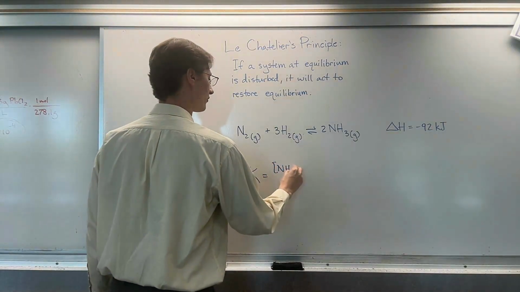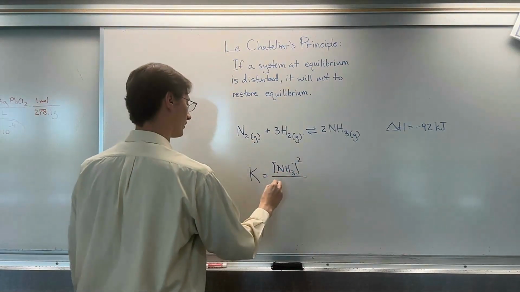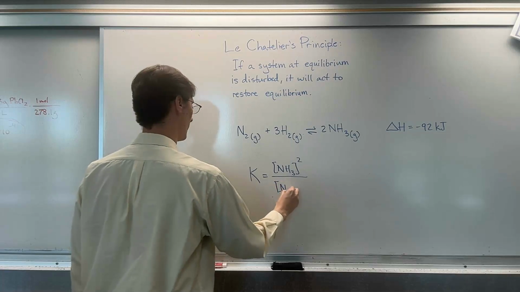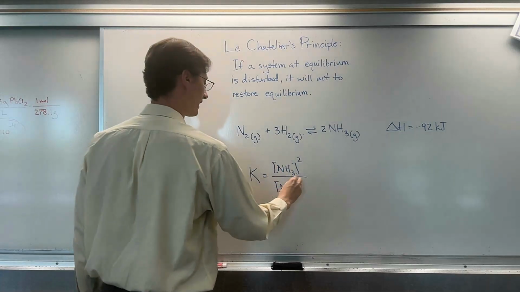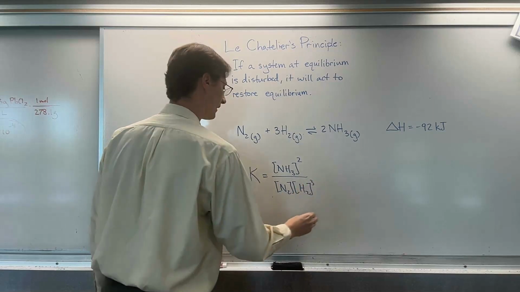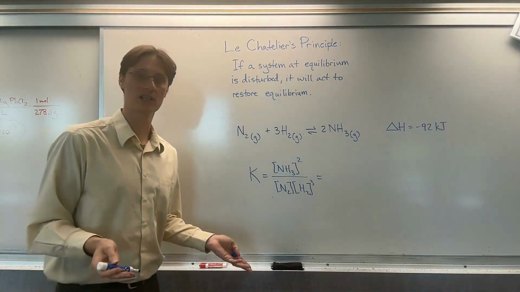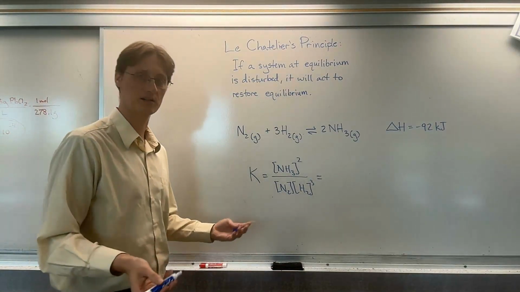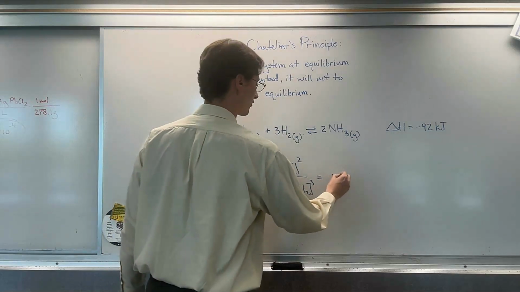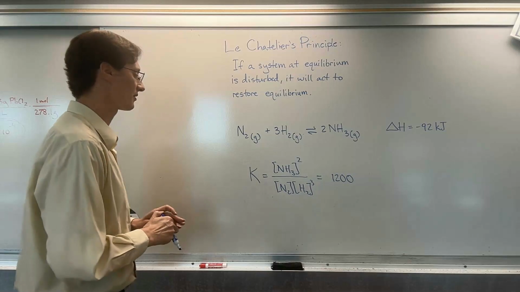NH3 squared, because of the 2, over N2 to the first power, because remember, products over reactants, and then hydrogen to the third power. Great. Let's pretend that the value of this equilibrium constant is, I don't know, 1,200 or something like that. No idea what it actually is supposed to be.